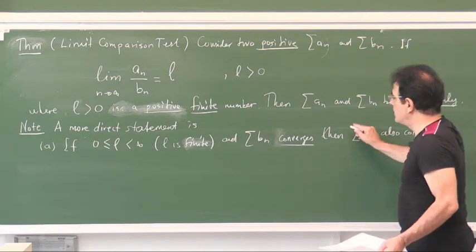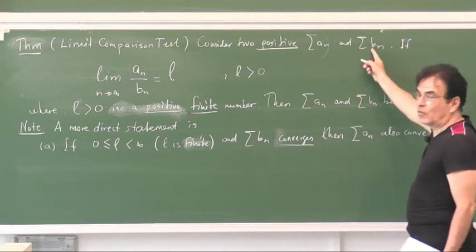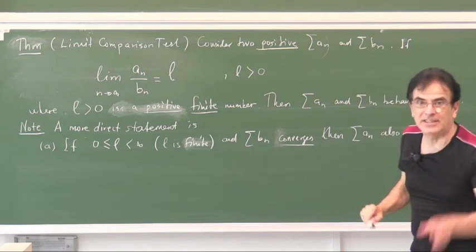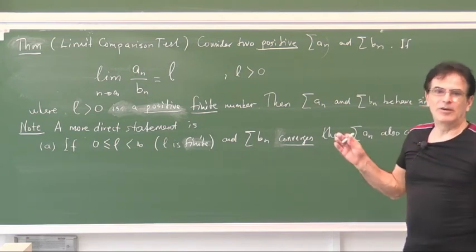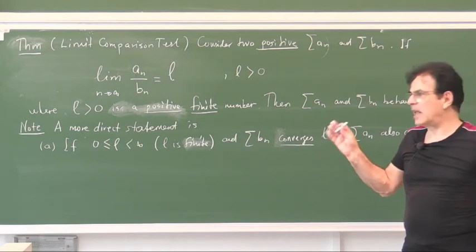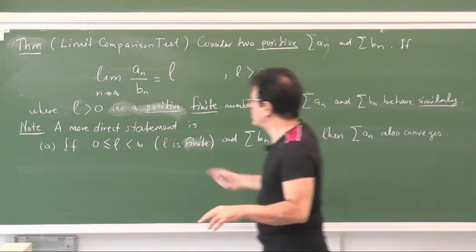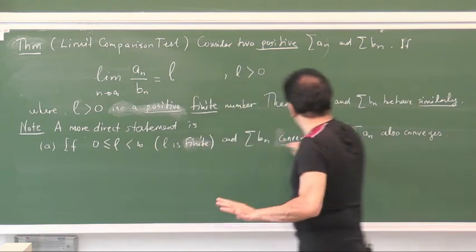So in the case where we choose a convergent series for comparison, the limit L may be 0. In the case of having a 0 limit, the statement is still correct.